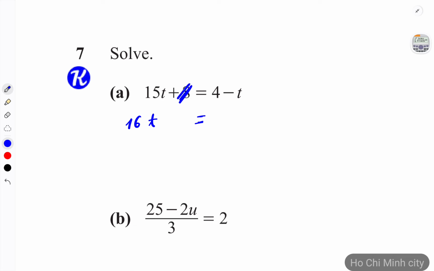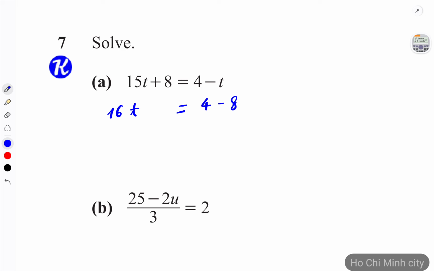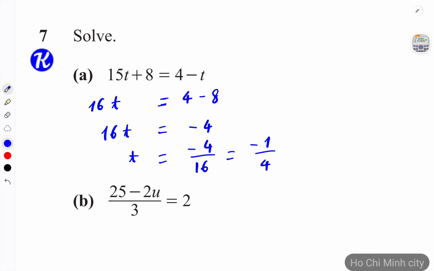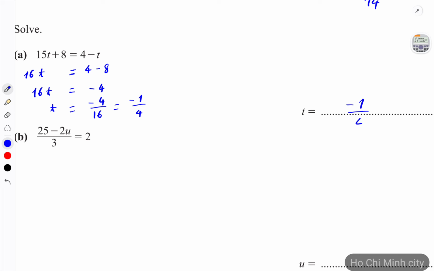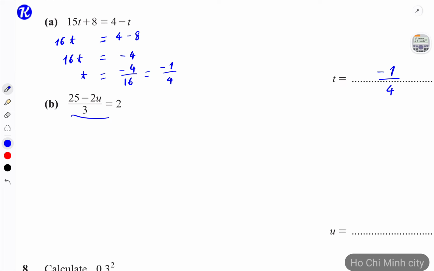So number 8 would be omitted from the left side, and then from the right side we have 4 minus 8. So now 16t is -4. So t is -4 divided by 16, which is, all right, so this number. So t is -1/4.